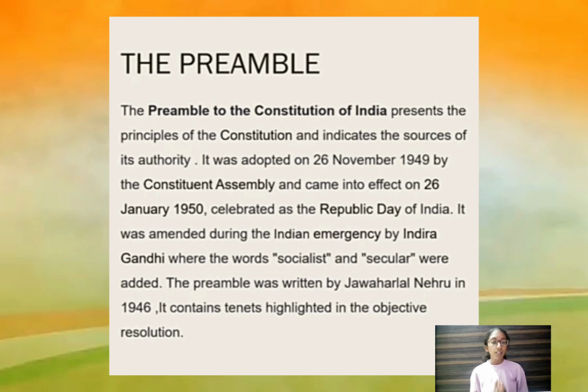It was amended during the Indian emergency by Indira Gandhi, when the words socialist and secular were added. The preamble was written by Jawaharlal Nehru in 1946, and it is based on the objectives resolution.